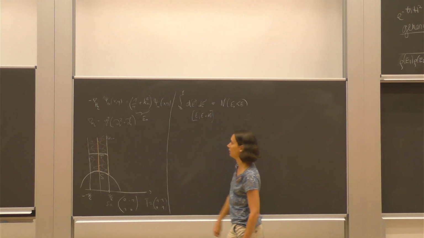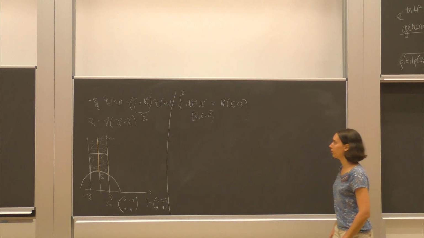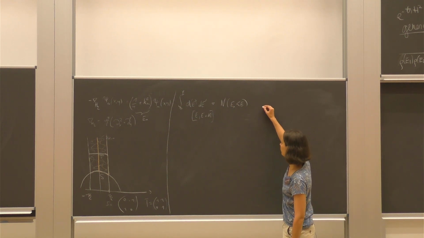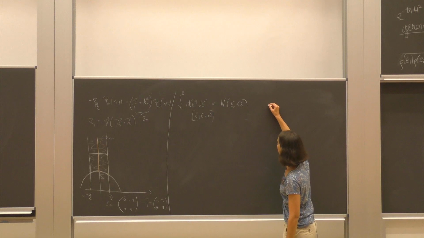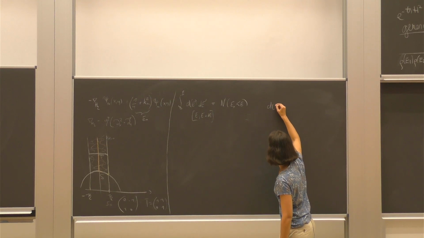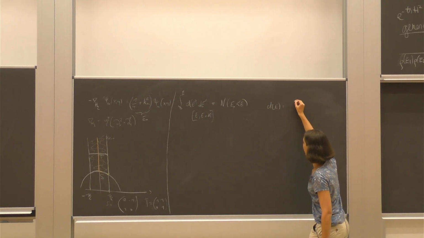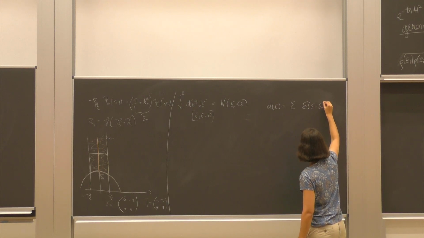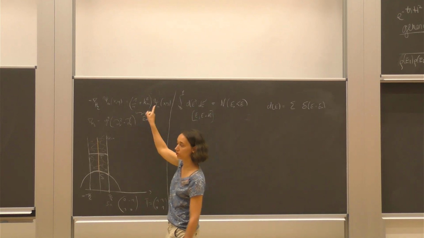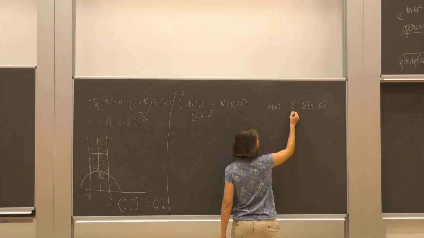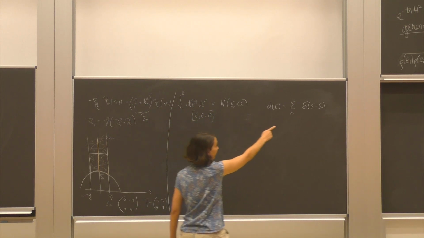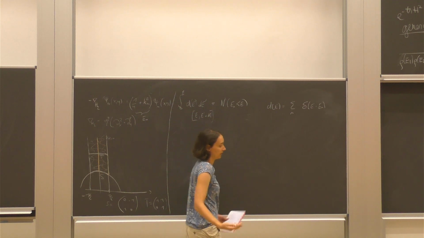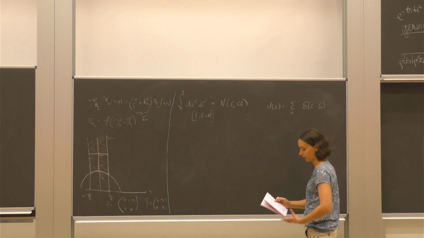Let's say it starts at 0, and you integrate up to E, and then this counts how many eigenstates you find with energy below E. Another way to write it down is to say that it is defined as having a delta function at every one of the eigenvalues corresponding to solutions of this eigenvalue problem. Then when you plug it in here, you would hit it as many times as you have E_n below the value E, and hence you would be counting the number of eigenvalues below E.